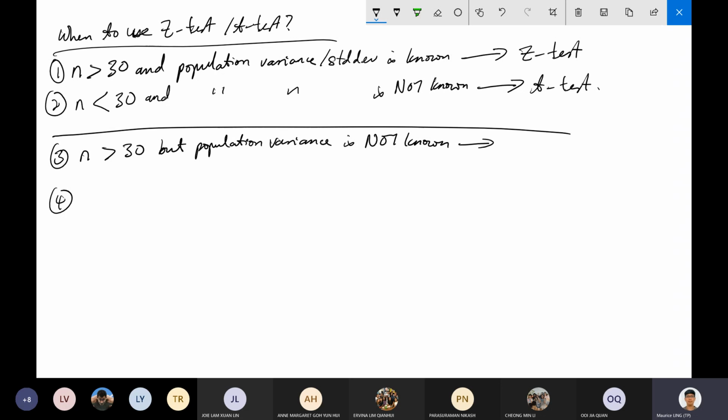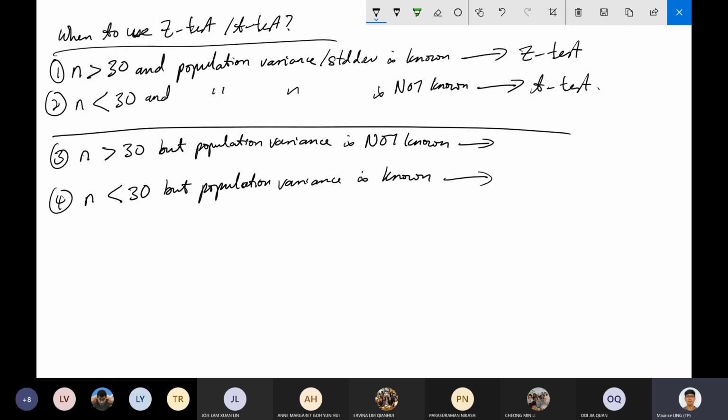And if n is less than 30, but the population variance is known? So these are the two subjective parts.